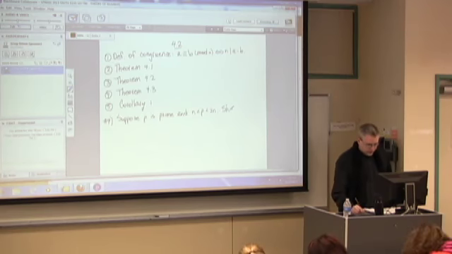Show that, and you can compare the solution to what you did in your homework when you get your homework back, show that 2n choose n is congruent to 0 mod p. Okay.